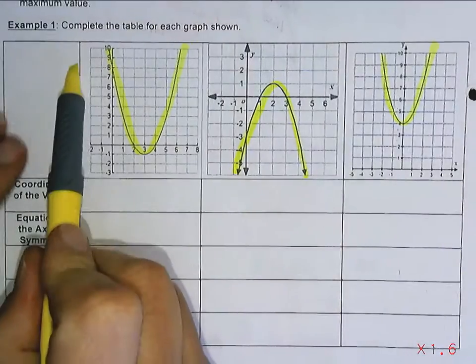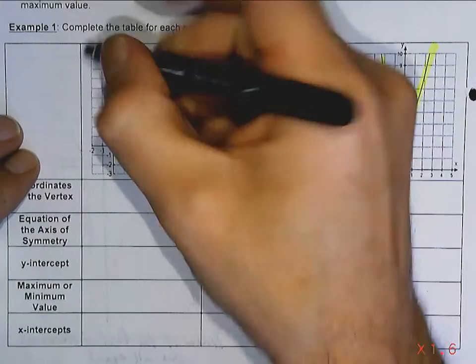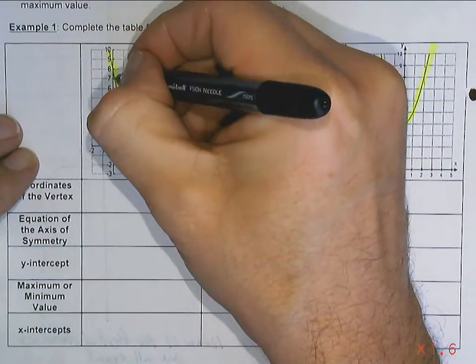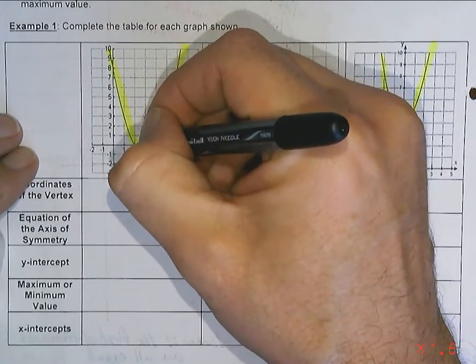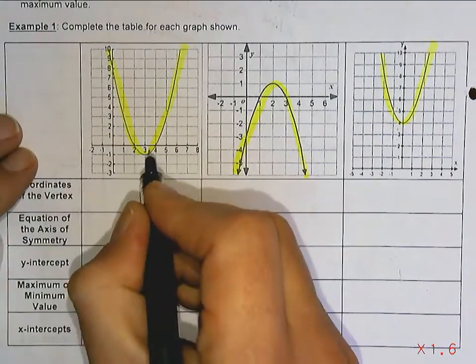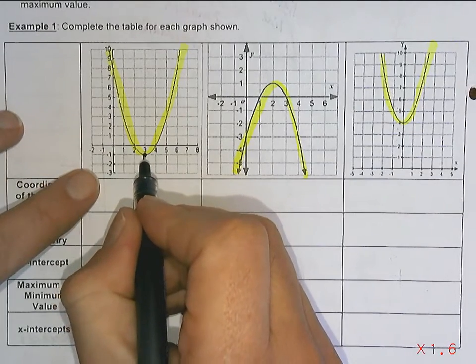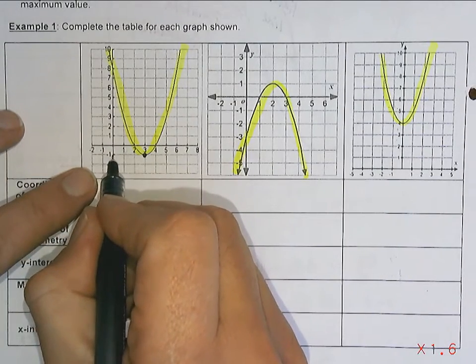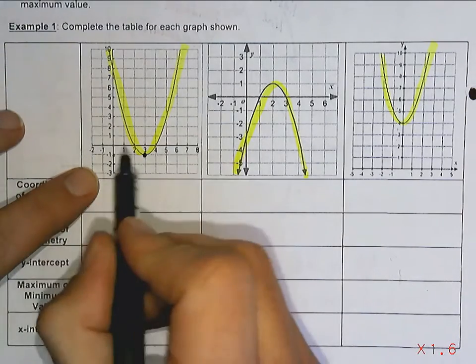So as I go left to right in this direction, notice what's happening to my y values. They're coming down, down, down, until they stop here. And what's the very lowest point they stop at? They stop at a y value of -1. That's the lowest value they stop at.